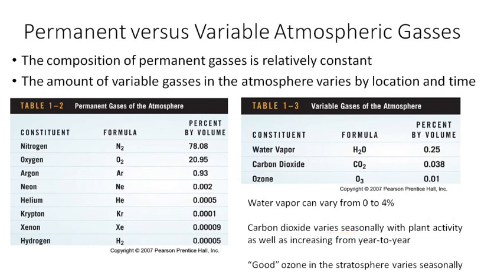The third variable gas I have up here is ozone, and that actually has also been in the news and of some environmental concern. There is good ozone and bad ozone. The bad ozone is in the lowest part of the atmosphere called the troposphere, and the good ozone, which we're worried about ozone depletion, is in the next layer after the troposphere called the stratosphere. And the good ozone creates these ozone holes.